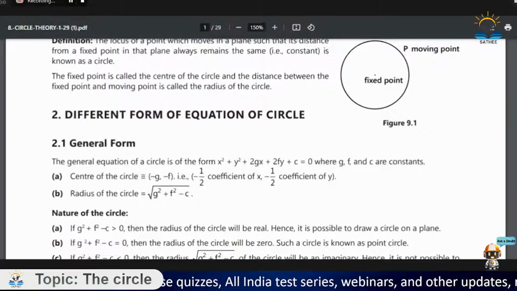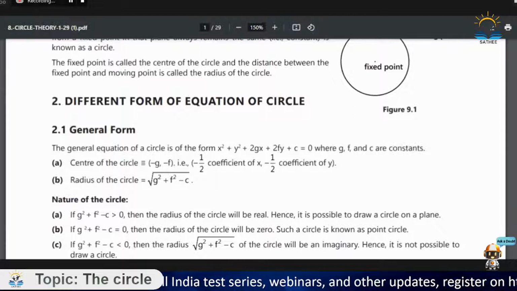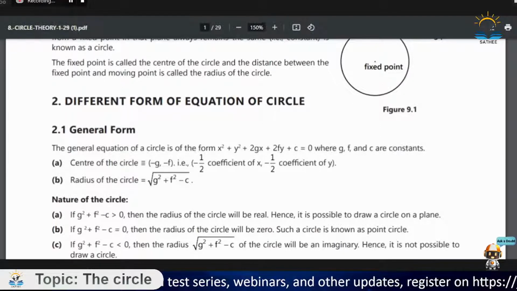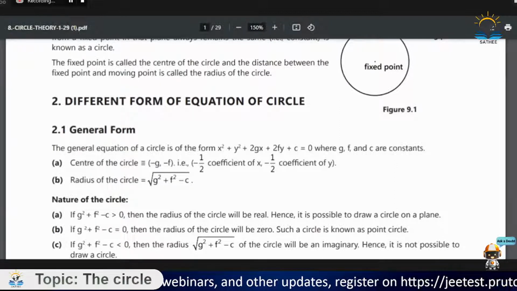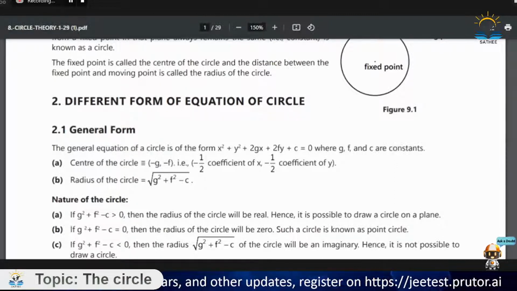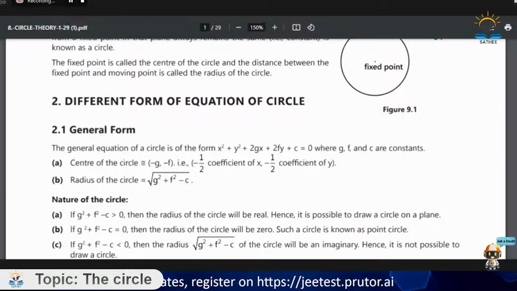From this equation we can say that the center of the circle is minus g comma minus f. How do we get this? We will see this after we have completed the standard form of the circle. And we can say that the radius of the circle is root of g square plus f square minus c.